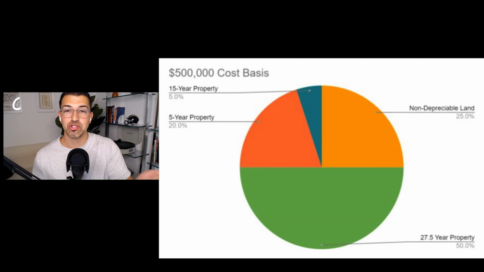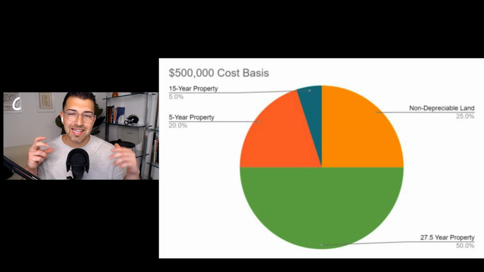When you look at your property, in reality, not every single component is going to depreciate at the same time, right? Your roof is not going to depreciate at the same level as, let's say, your gas stove in your house. The IRS understands this.